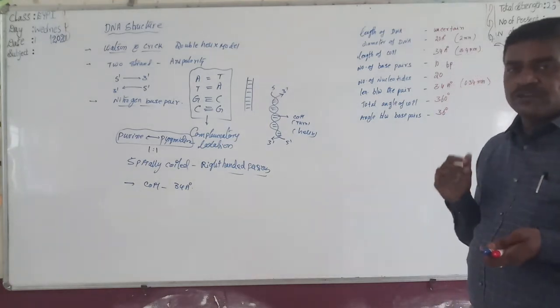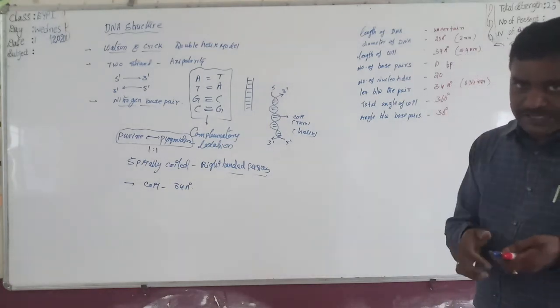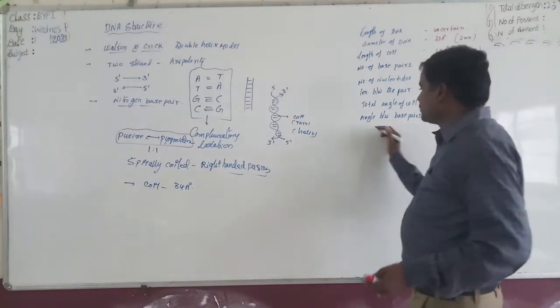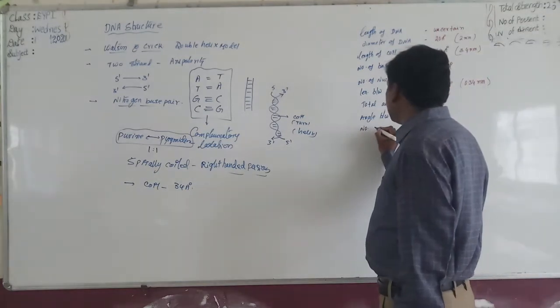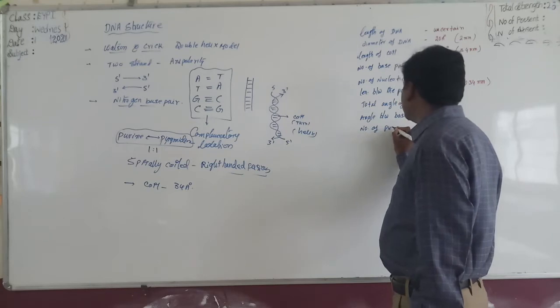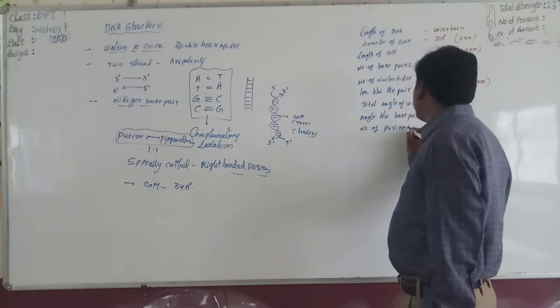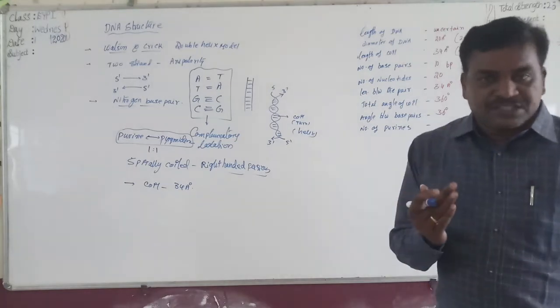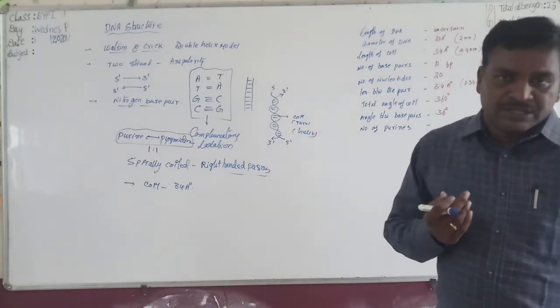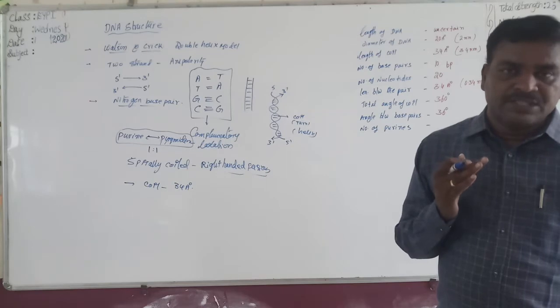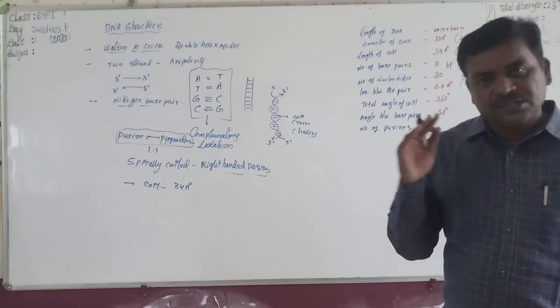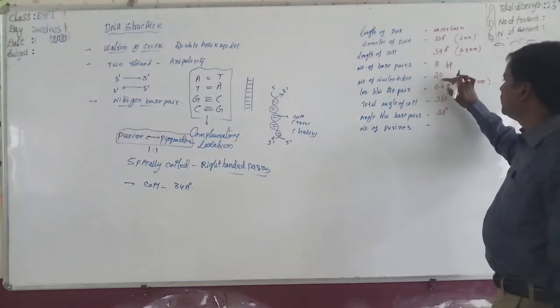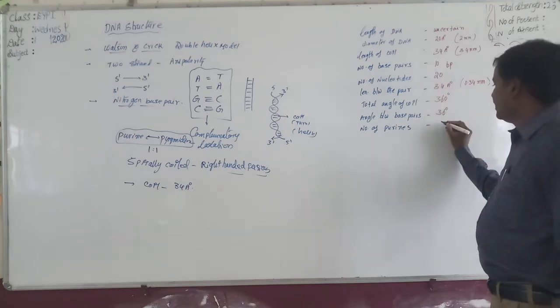There are total 20 nucleotides. And among these 20 nucleotides, what is the number of purines? Always 50% purines and 50% pyrimidines. Purines and pyrimidines in DNA show a 1:1 ratio. Total 20 nucleotides are there.